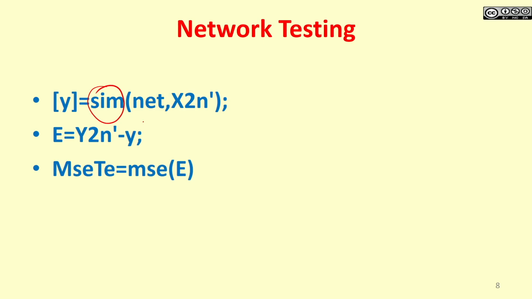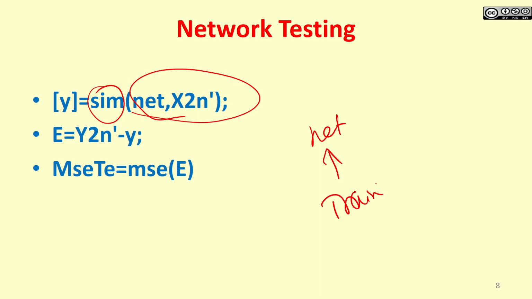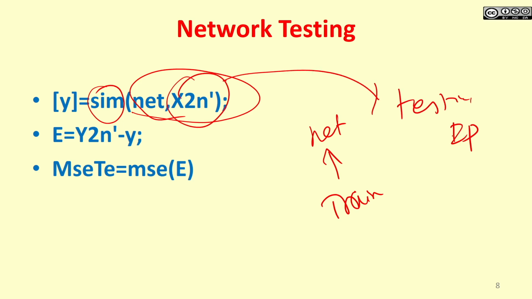If you look at it, while testing we have been using the net. Now, this net is the trained net, from the initial net. This trained net is supplied with x2n, that is the testing input. Testing input alone we are giving, and it is producing the output. What is the output produced by this?